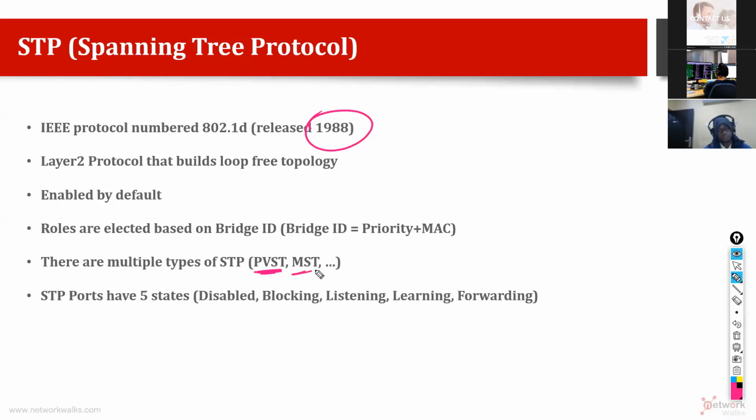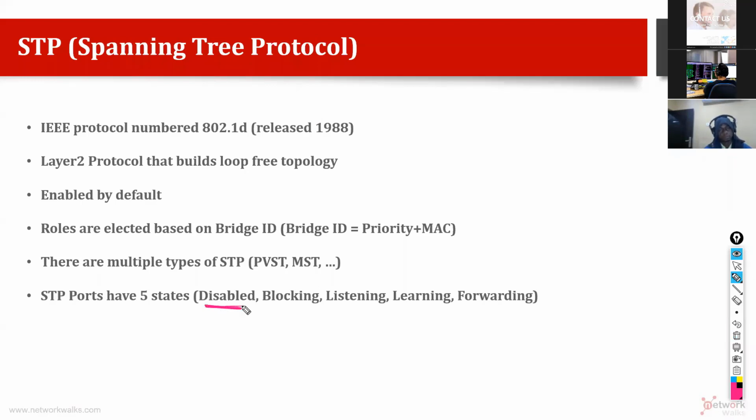We also have multiple spanning tree if we want multiple instances based on our requirement. We also have RSTP, rapid spanning tree protocol. But these are topics of CCNP. Here we need to know PVST means based on VLAN, MST means multiple, RSTP means rapid, meaning it goes quickly. We have different STP port states.